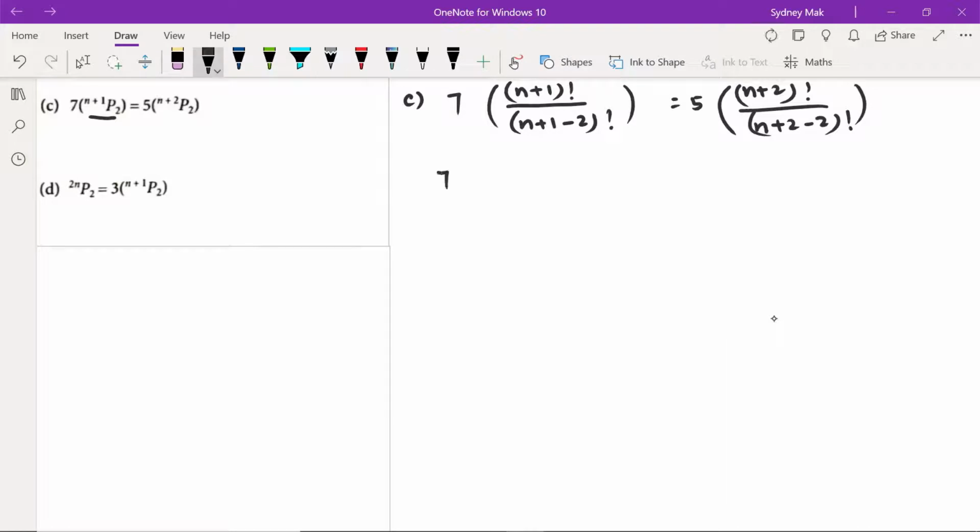Okay, so expand the n plus 1 factorial until we see the n minus 1 factorial, because at the denominator, we will get n minus 1 factorial.